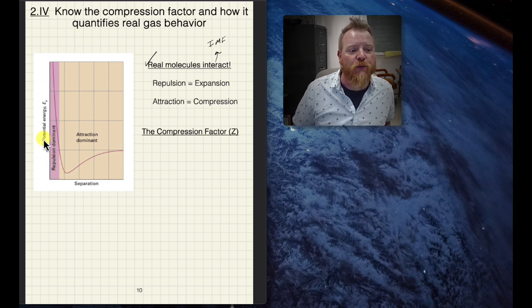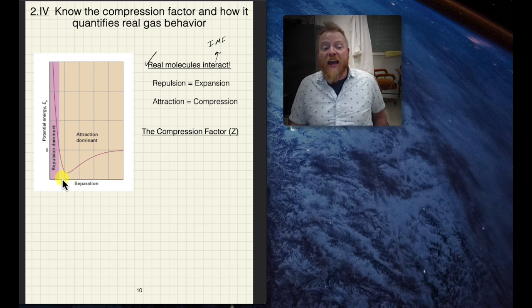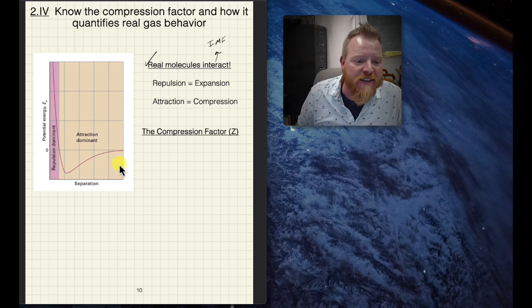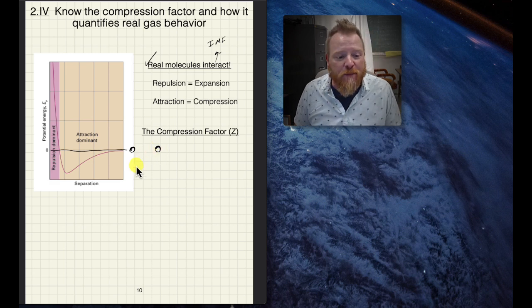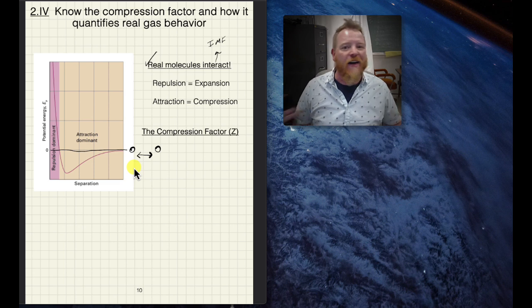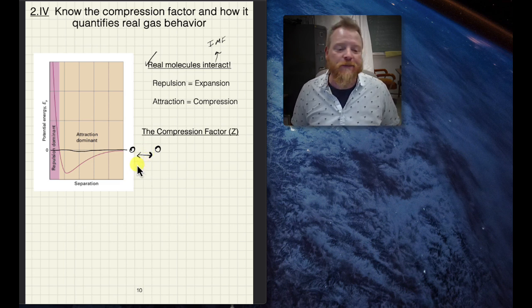So for example, if we plot the potential energy between molecules on the y-axis and their separation on the x-axis, zero potential energy here, so let's highlight that line, that would correspond to two molecules or atoms that are spaced far enough apart that they have no interaction with each other. So they truly are ideal.